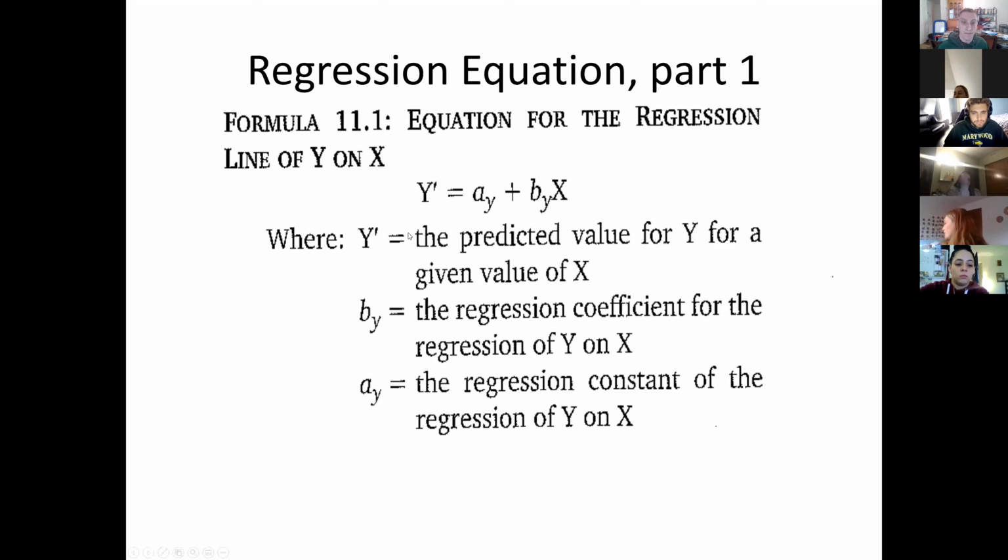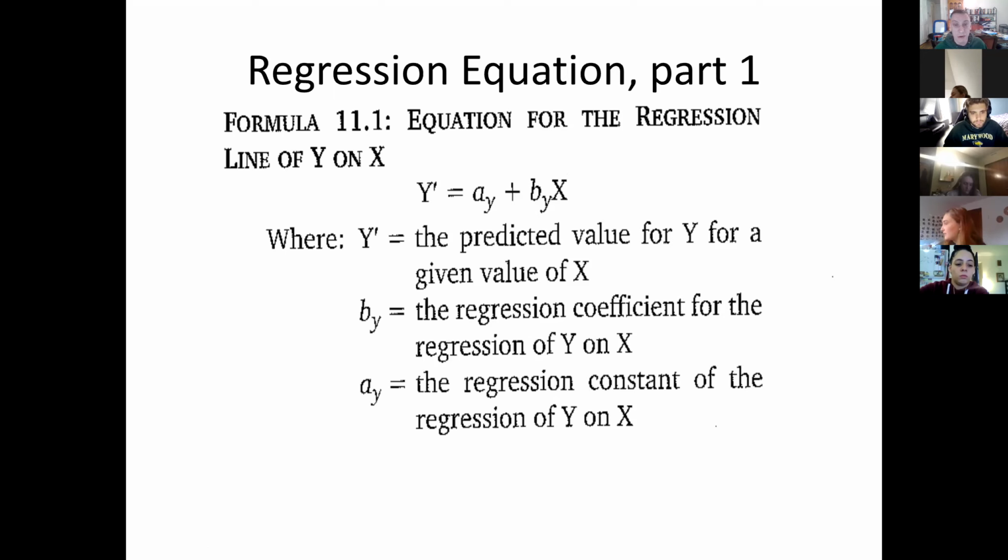And so this a term is also known as the y-intercept. It's where the slope intersects or intercepts with the y-axis. Okay, and so that's what a is also referred to, and b is the beta coefficient, or the slope term itself in this equation. And then again, x is the variable that we plug values in for, and y is what we get as a result of solving this equation.